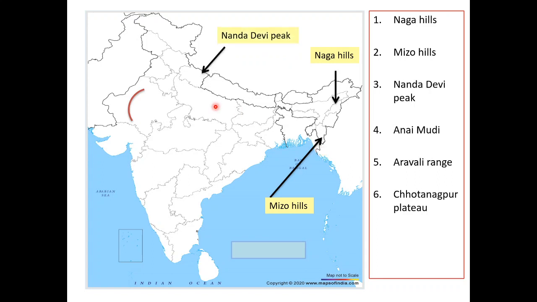There is Nanda Devi peak, which you will find in Uttarakhand. It's also among the highest peaks in India, which are, after K2, Kanchenjunga and Nanda Devi. Anaimudi is the highest mountain peak in the Western Ghats. It's in Kerala.